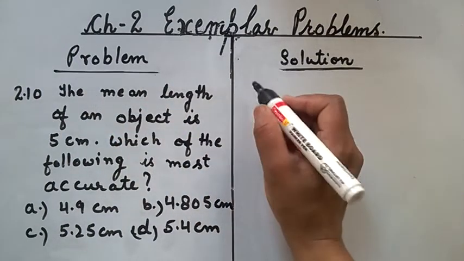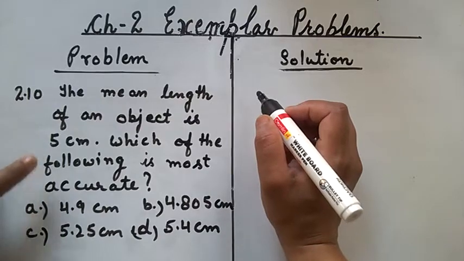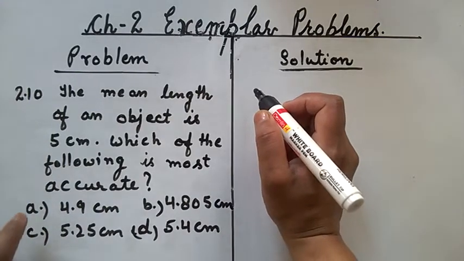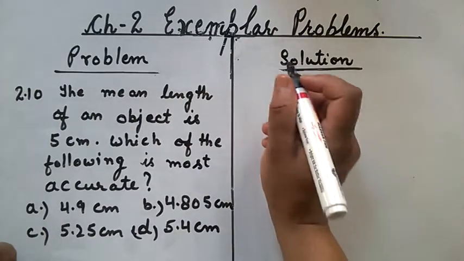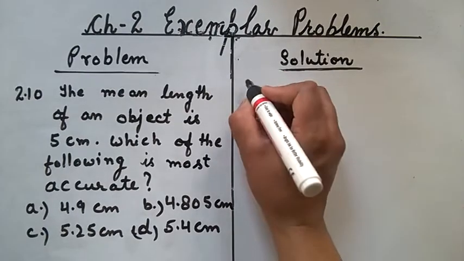Problem number 2.10. The mean length of an object is 5 centimeter. Which of the following lengths is most accurate? So we have to find the most accurate value. A value is said to be most accurate if it has minimum fractional or relative error.